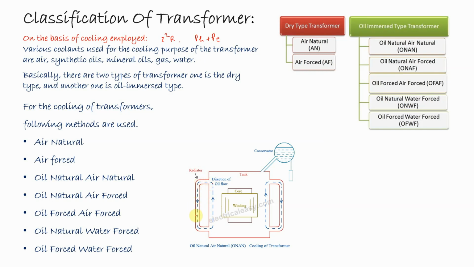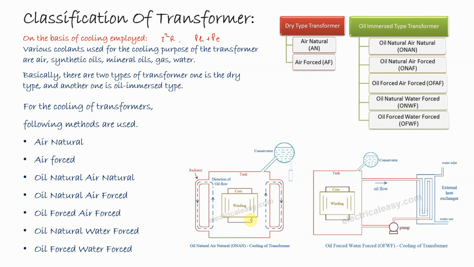When the oil passes through this radiator, it dissipates the heat and the heat is radiated into the environment. In this way the heat can be dissipated, and this type of transformer cooling is called oil natural air natural cooling.